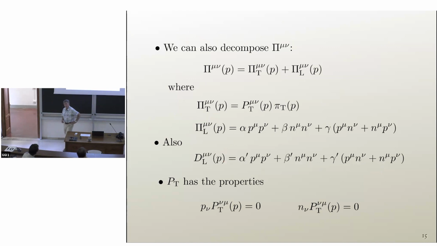So you can also decompose the self-energy into transverse and longitudinal parts. How do you do that? The transverse part is the same P transverse times a scalar, call it pi. And the longitudinal part is something times P mu P nu, something else times N mu N nu, something else times P N and N P, but no g mu nu. The g mu nu is part of P transverse.